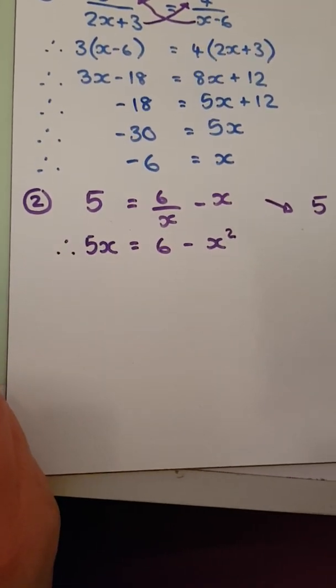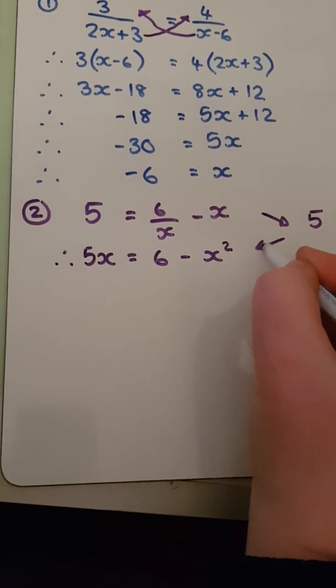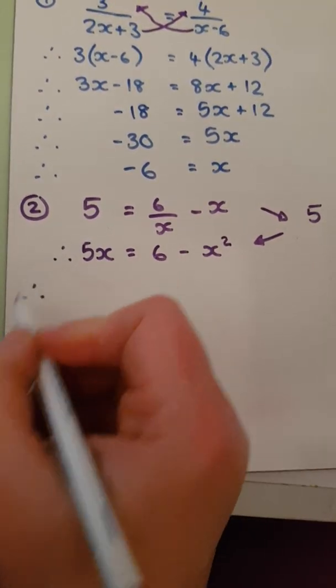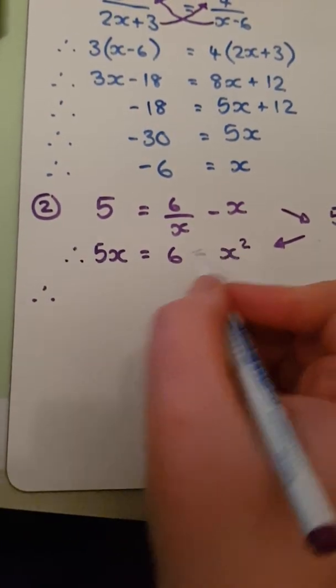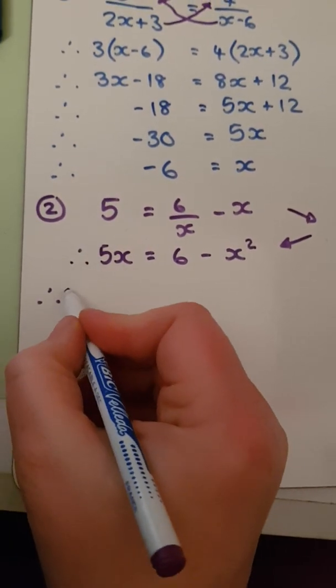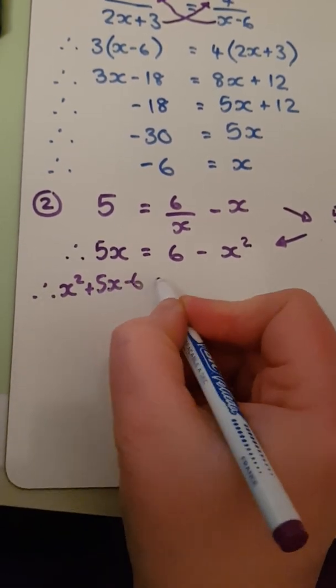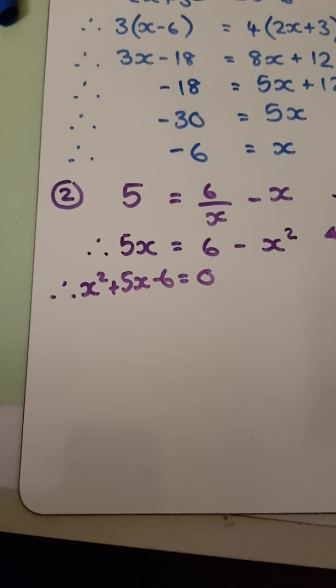So now it's a quadratic equation. I have to make it equal to 0. I'm going to bring these 2 terms onto the left-hand side because that will keep the x squared term positive. So I've got x squared plus 5x minus 6 equals 0.